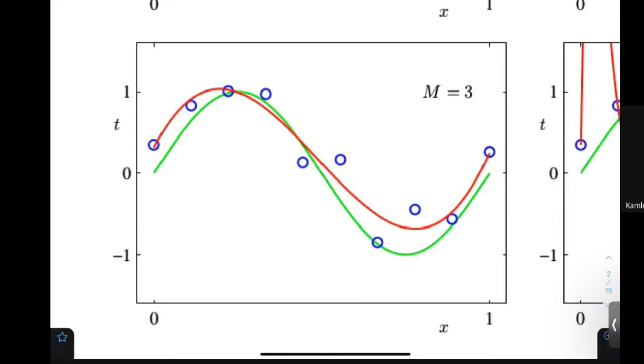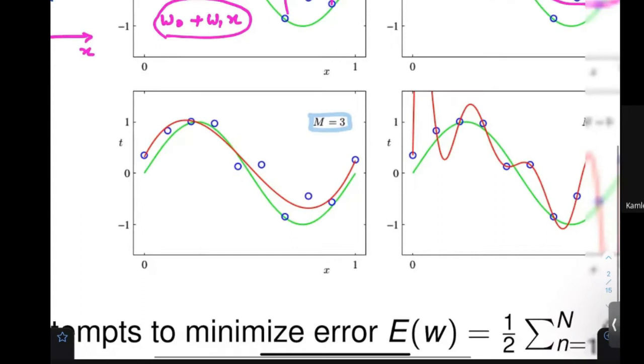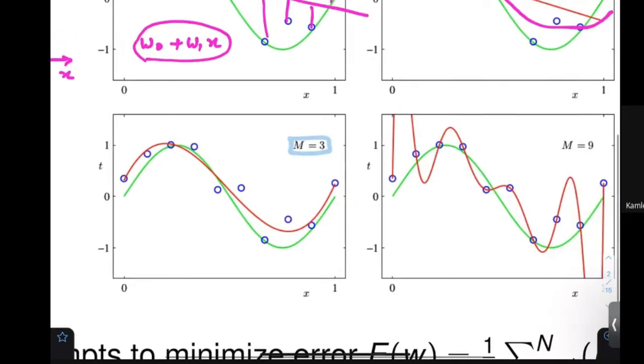So what do you think, is m is equal to 3 a sufficiently good model or not? Looks like it is a sufficiently good model, because it sufficiently covers all the data points, and the distances between the actual points and the predicted values are going to be very small.